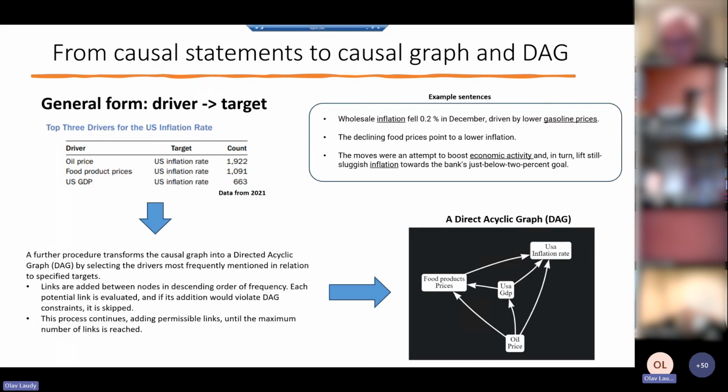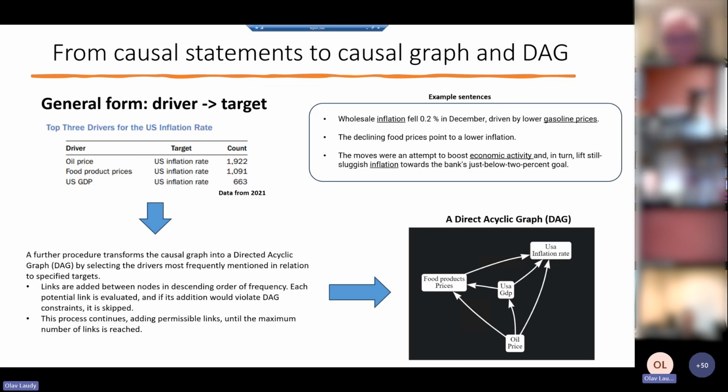And thus, it is not directly the case that querying something from this database automatically results in a directed acyclic graph. This is where we deploy a small procedure that guarantees the creation of a DAG. First, for a given target or targets, we query the top n most mentioned drivers for each target.